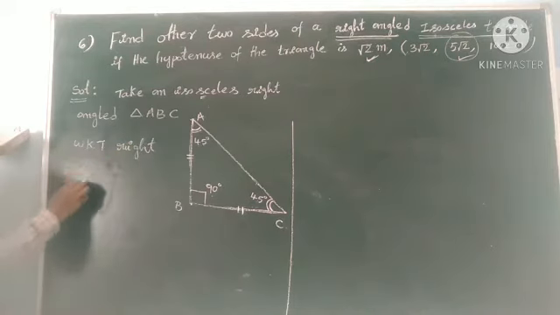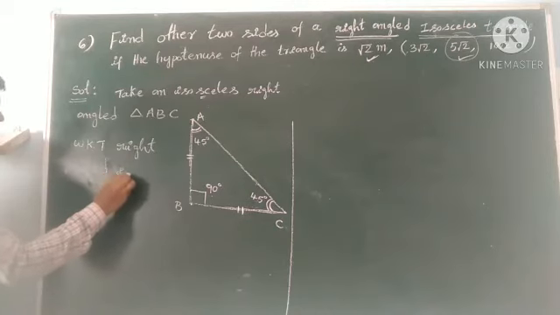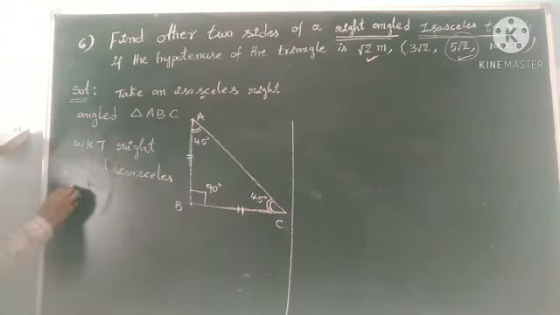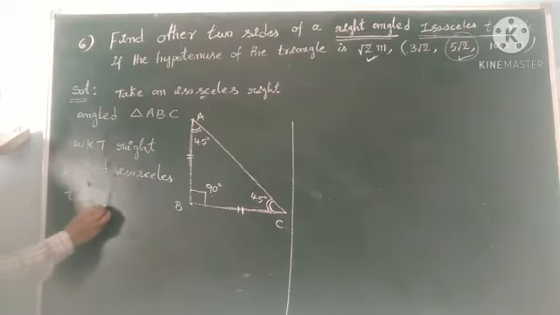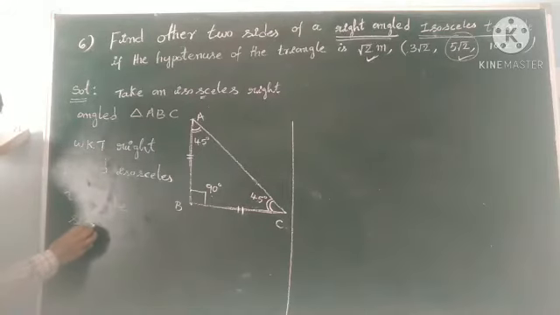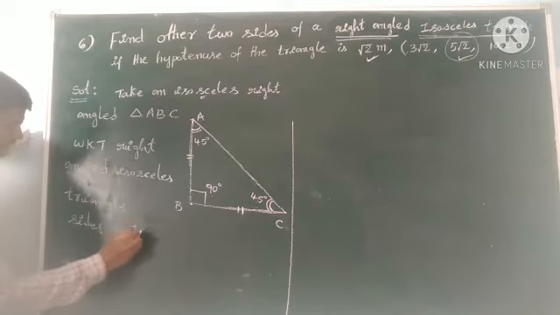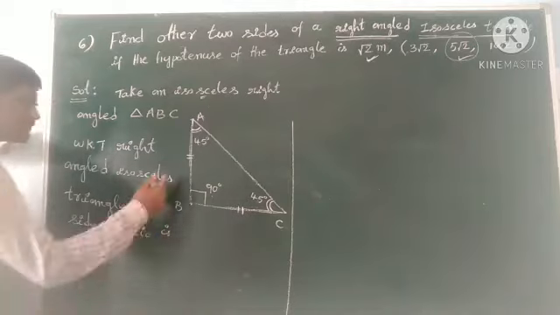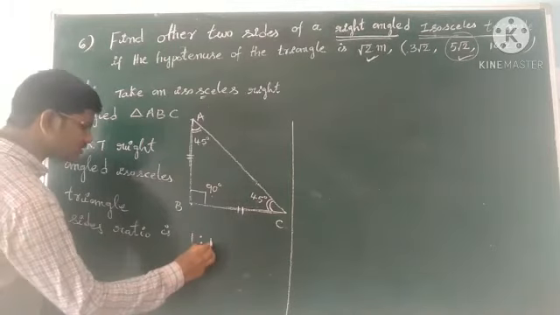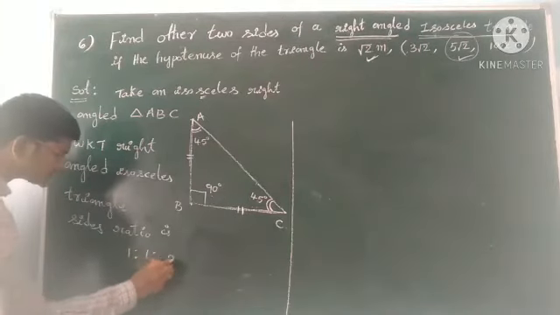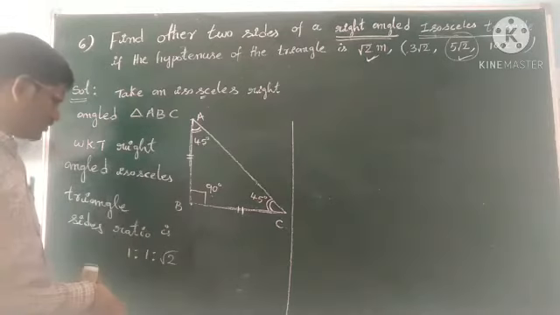The sides ratio of a right angled isosceles triangle is 1:1:√2. So that is 1:1:√2.